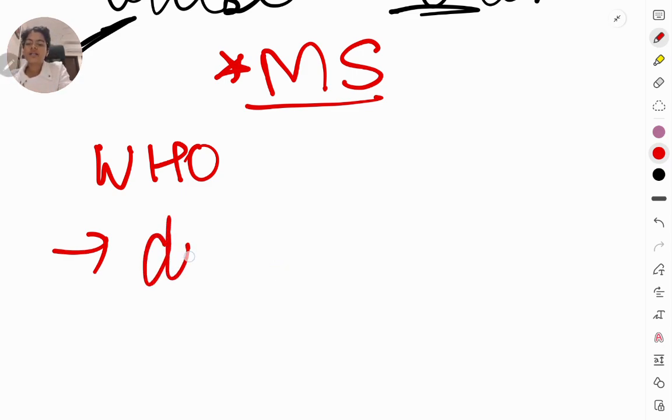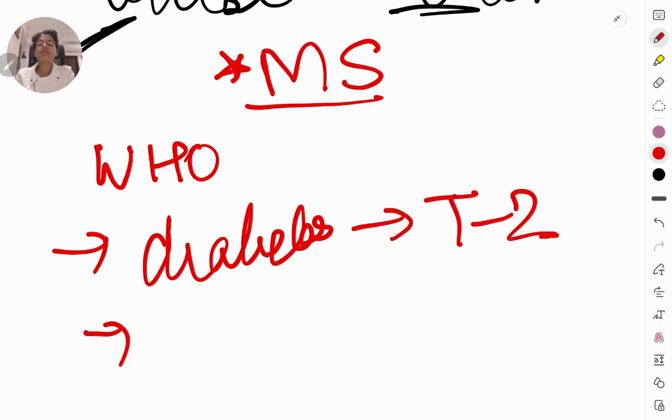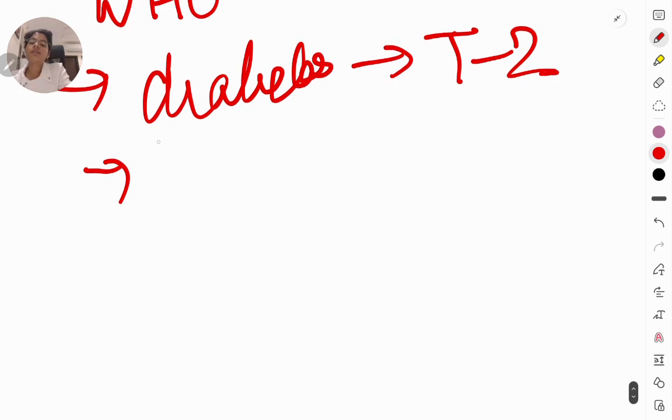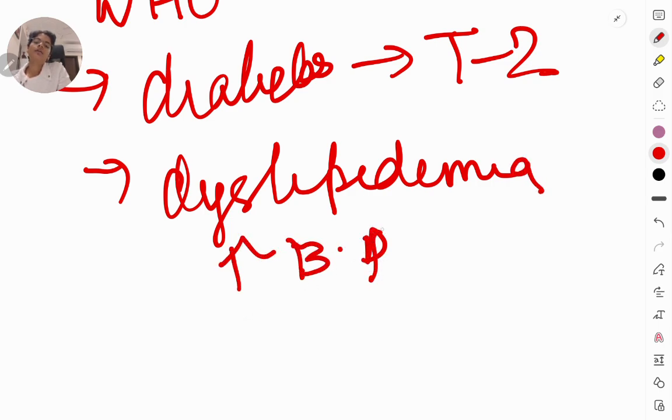So diabetes, of what? Type 2 diabetes. And second parameter is that he or she could have dyslipidemia, or high blood pressure, that is hypertension, or obesity.